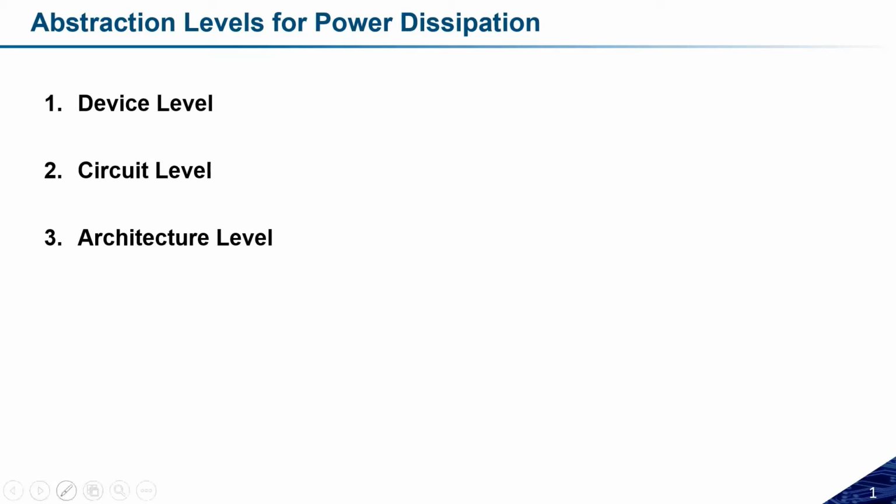And finally, if I talk about the fourth abstraction level, that could be the system level. At the system level, the power consumption can be optimized, or reduced, by a proper selection of data processing algorithm or minimum number of switching activities.